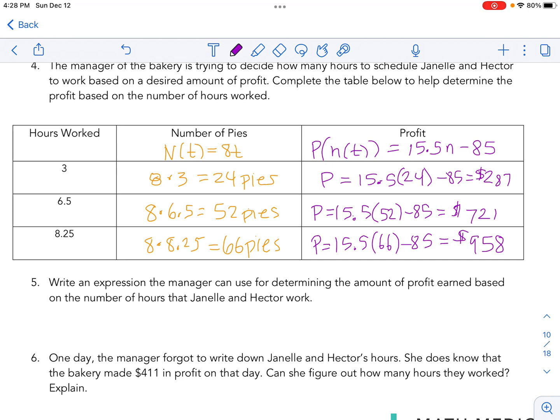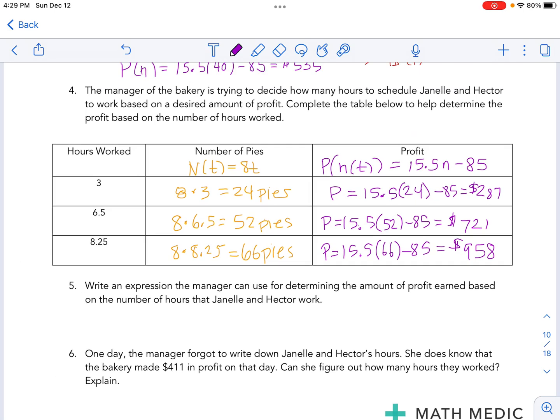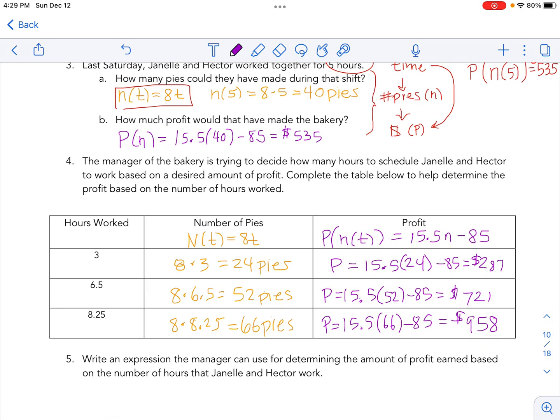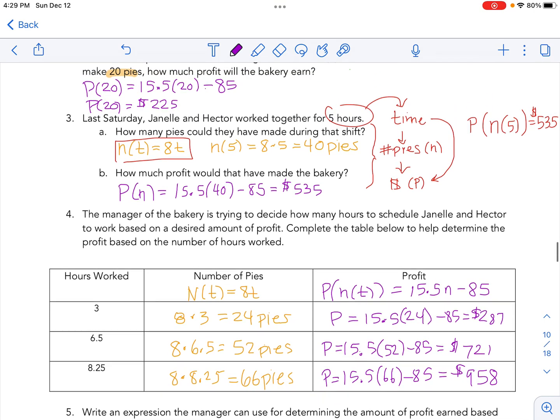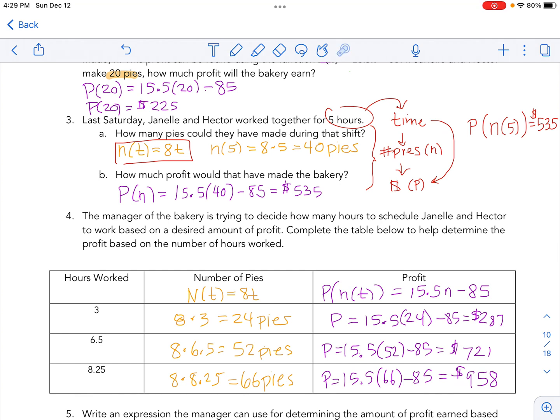Okay, then it goes on to say, write an expression the manager can use for determining the amount of profit earned based on the number of hours they work. So this is kind of what I was alluding to back in number 3. We really would like to have that profit expression, let me come back up here, this profit expression based on time, right?